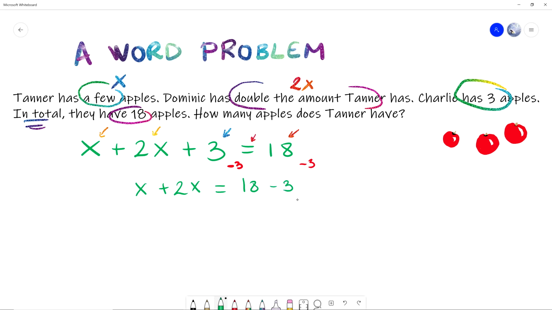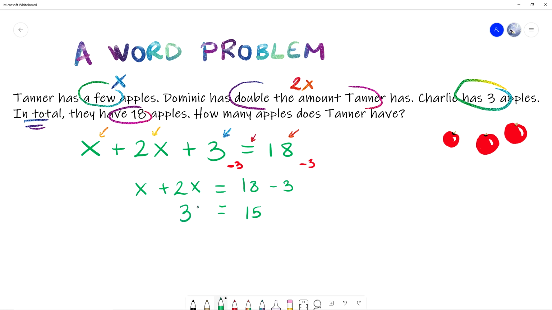Mm-hmm. And how much is 18 minus 3? 18 minus 3 equals 15. 15. And how about x plus 2x? Did you simplify that? So x plus 2x, I just smushed them all together to make 3x.